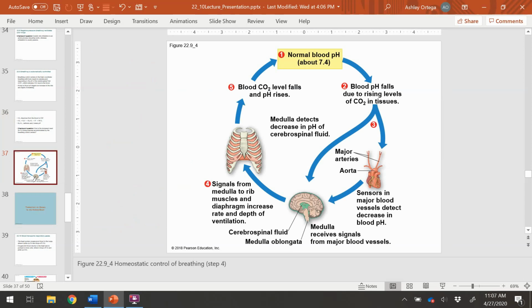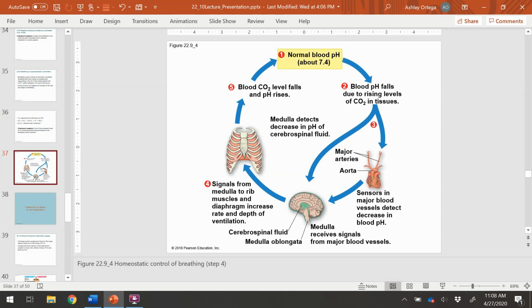As it falls due to rising levels of carbon dioxide, the medulla, a part of the brain, is going to detect a decrease in the pH of the cerebral spinal fluid, as well as sensors in major blood vessels that detect the decrease in blood pH and send that stimulus to the medulla, which will then receive those signals and signal to the rib muscles and diaphragm to increase the rate and depth of ventilation.